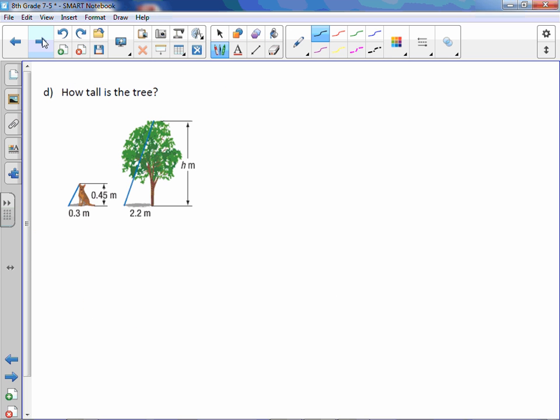Letter D. How tall is the tree? 0.3 on the dog, the shadow corresponds to the 2.2 tree shadow. 0.45, the height of the dog, corresponds to the height of the tree.